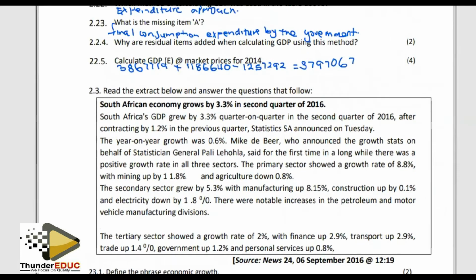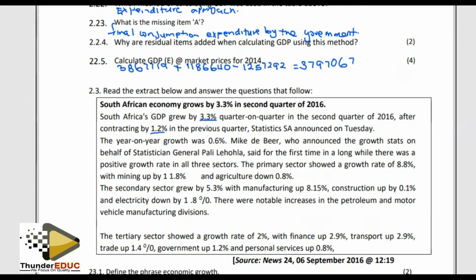Read the extract below and answer the questions that follow. South African economy grows by 3.3% in the second quarter of 2016. South Africa's GDP grew by 3.3% quarter on quarter in the second quarter of 2016, after contracting by 1.2% in the previous quarter.